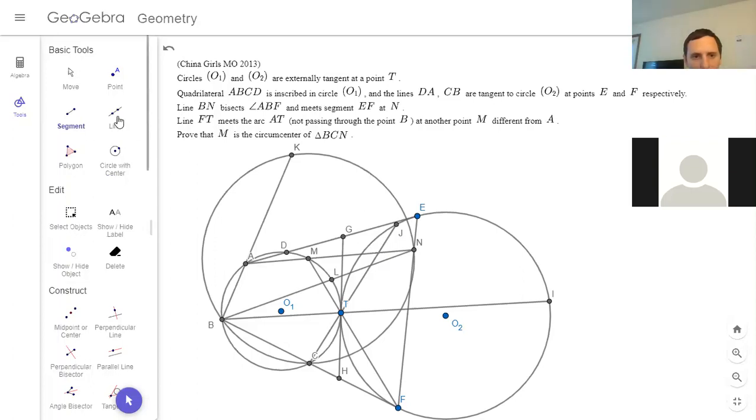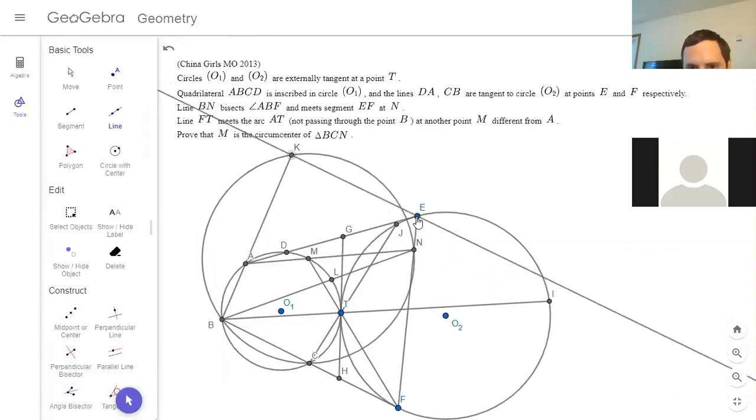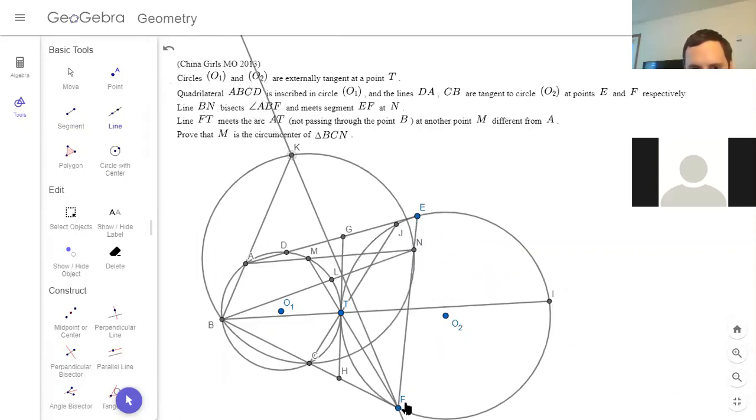Let me see if there's anything special about this point K. Or K, I think, oh no, K, L, and T, I don't think are linear. Yeah, I don't see anything special about point K.